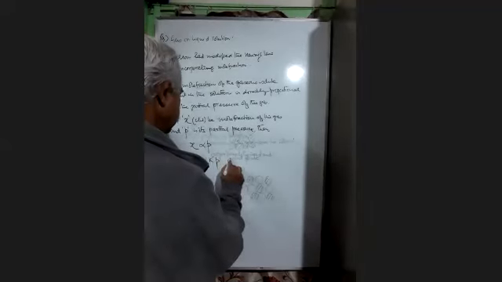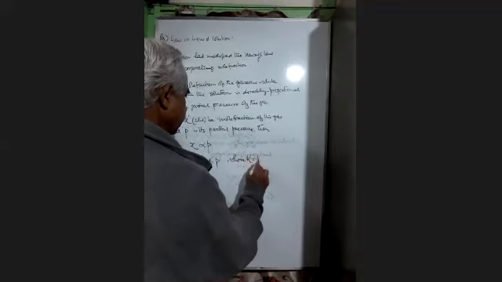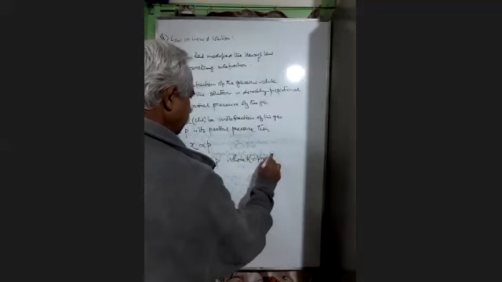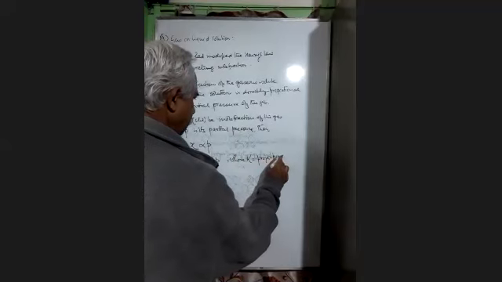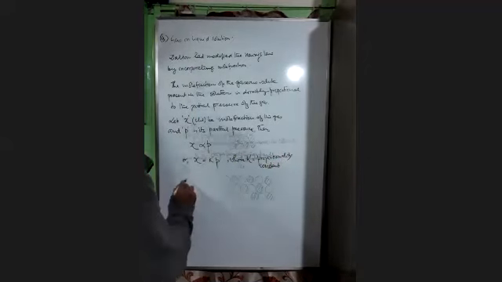Where K prime is the proportionality constant, or I can write P is equal to 1 upon K prime chi. See, K is a constant.